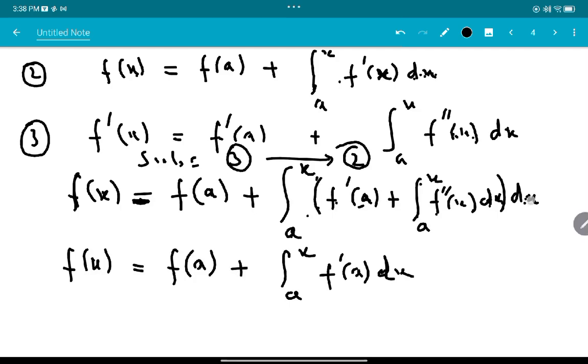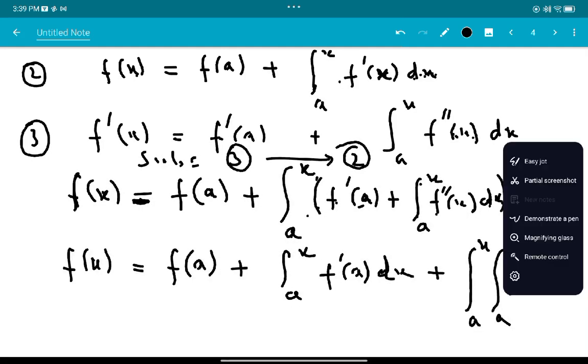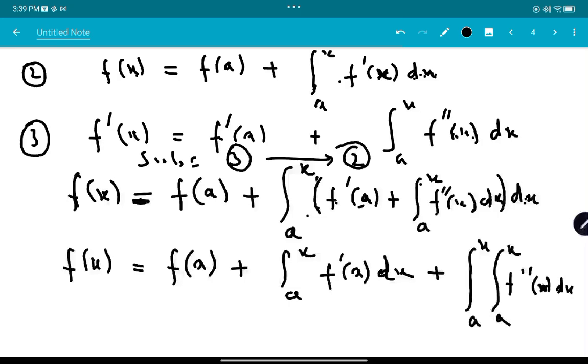This dx belongs to both this and this. So I have another term of the integral, that is a to x, this a to x, and this a to x, and then inside I have f double dash x dx. A few things are noteworthy. Number one is that you must keep track of this term.